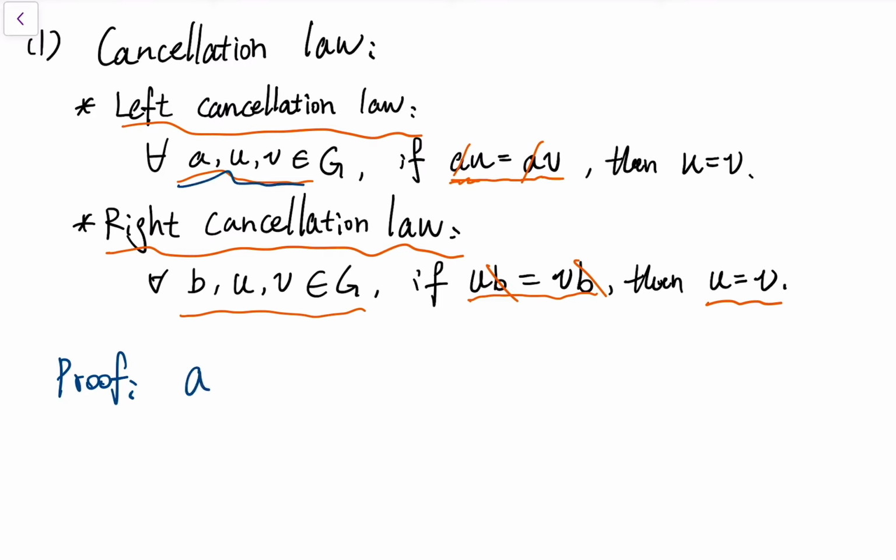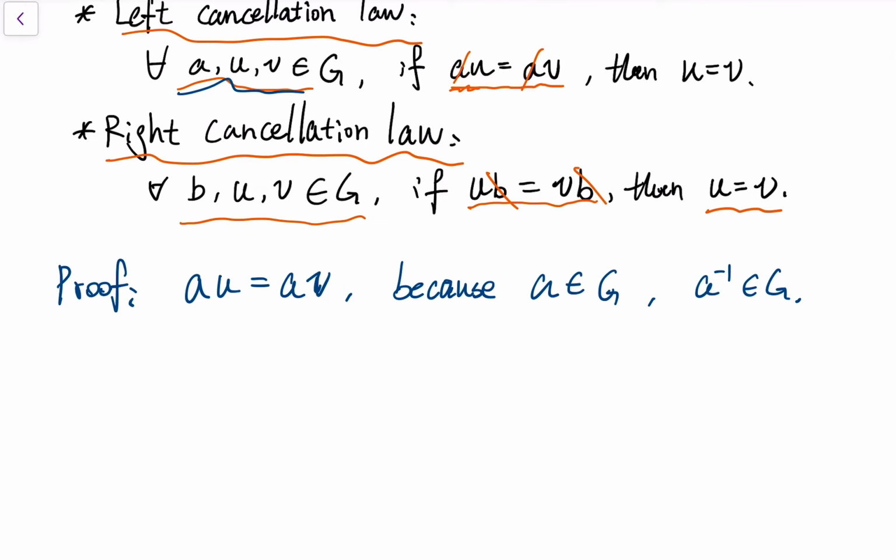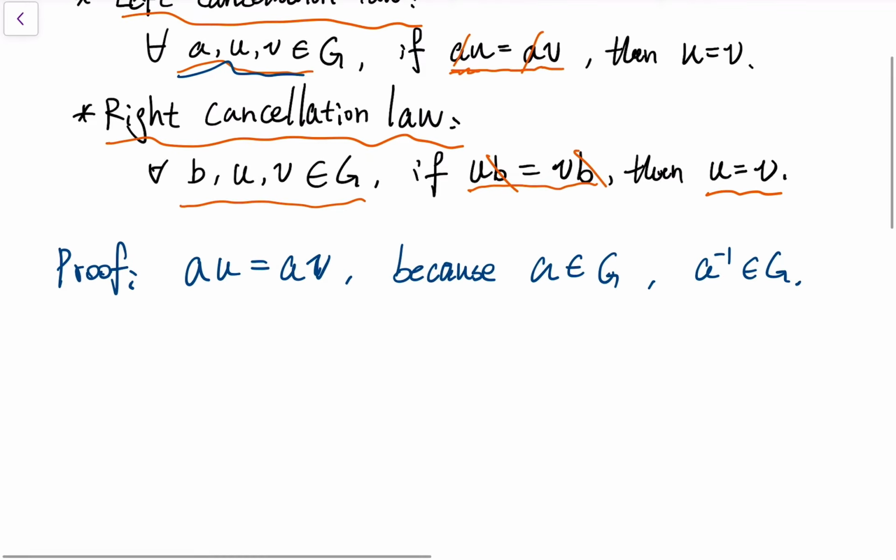So for the left cancellation law, for those three elements, if we have the relationship AU equals AV, then because A is an element of G, and we know by the definition of groups that every element in a group has an inverse element, we know that A inverse is also in G. Because we have A inverse, we can multiply A inverse in this equation on both sides and from the left.